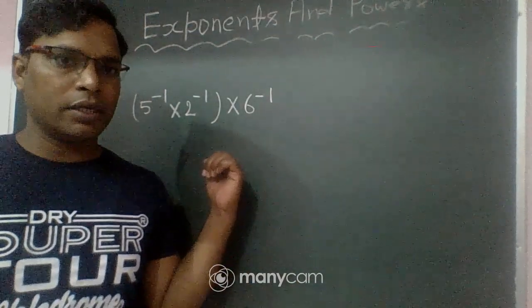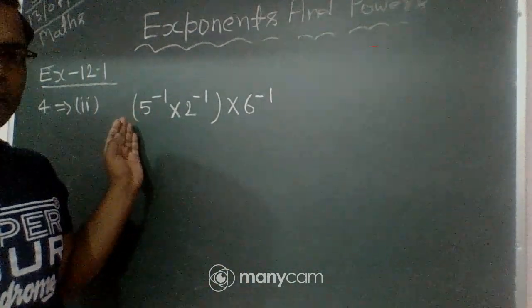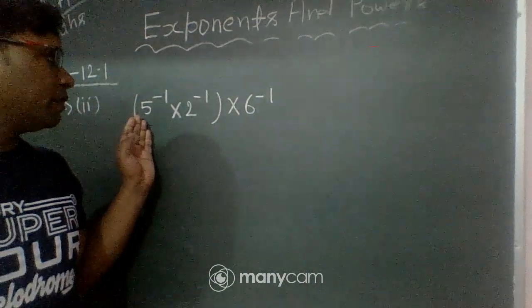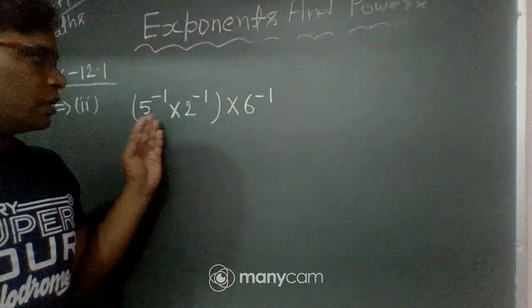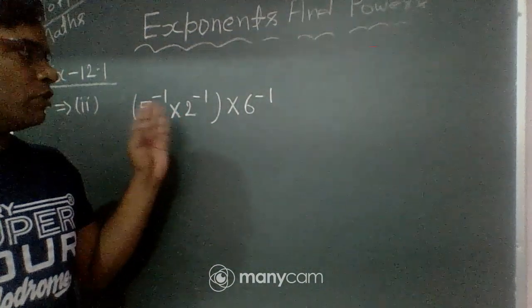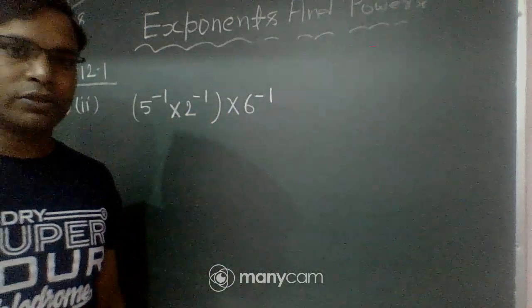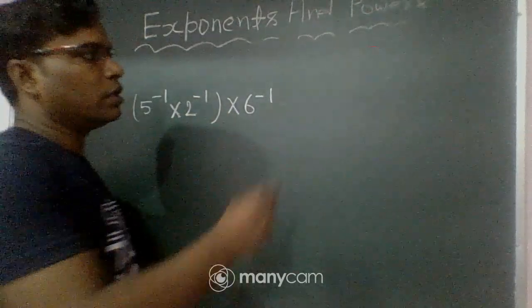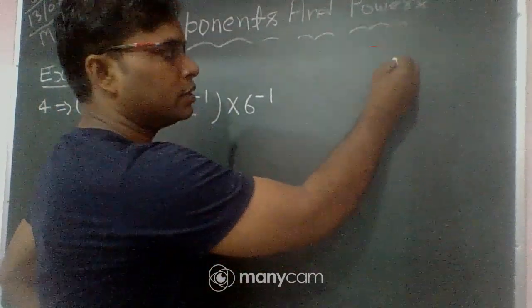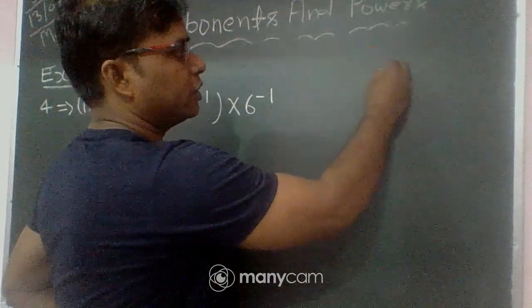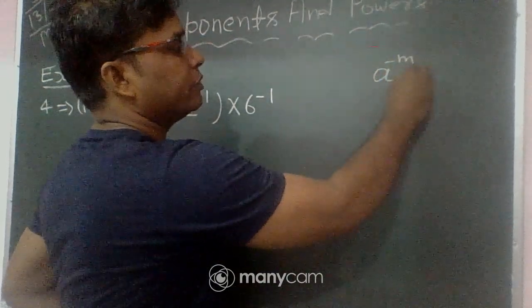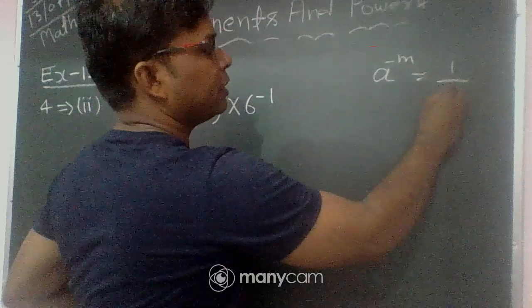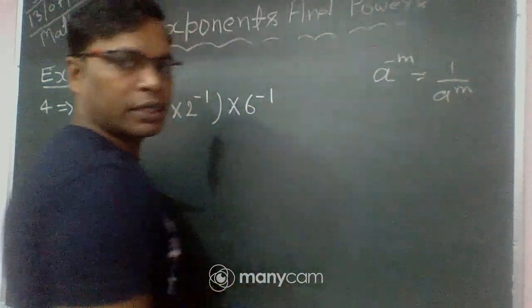Okay. So you can see here 5 power minus 1 into 2 power minus 1 into 6 power minus 1. I hope all of you remember this law of exponents: a power minus m is equal to 1 by a power m. Clear?